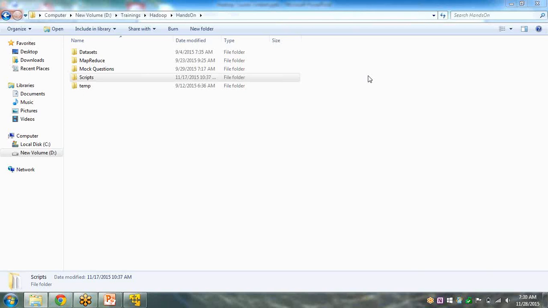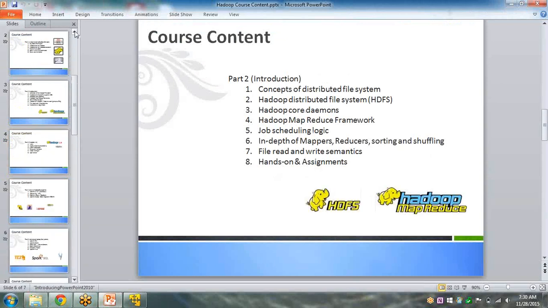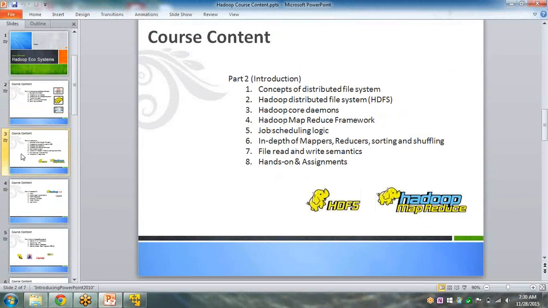In that case, let me go back to that content here. Yes, Java is needed as long as you want to go deep into Hadoop development or Hadoop architecting. These are the topics where Java is required. You should understand Java thoroughly.